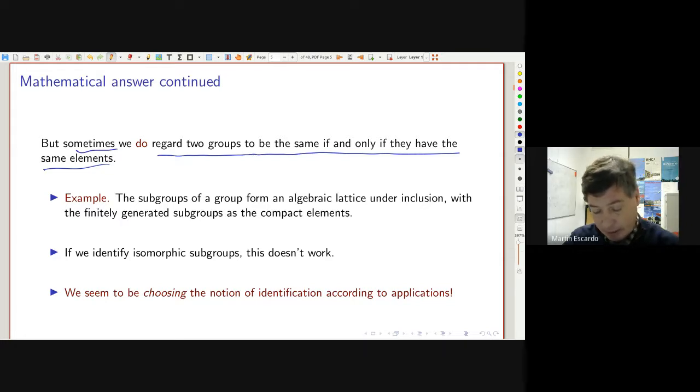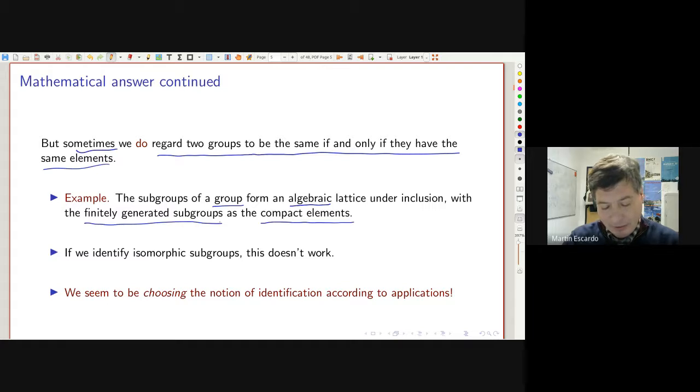So if you fix a group and now look at all the subgroups and order them by inclusion, they form a lattice, but also this lattice is algebraic, so it has some further properties. And then the compact elements of this algebraic lattice are the finitely generated subgroups. So that's a classical theorem.